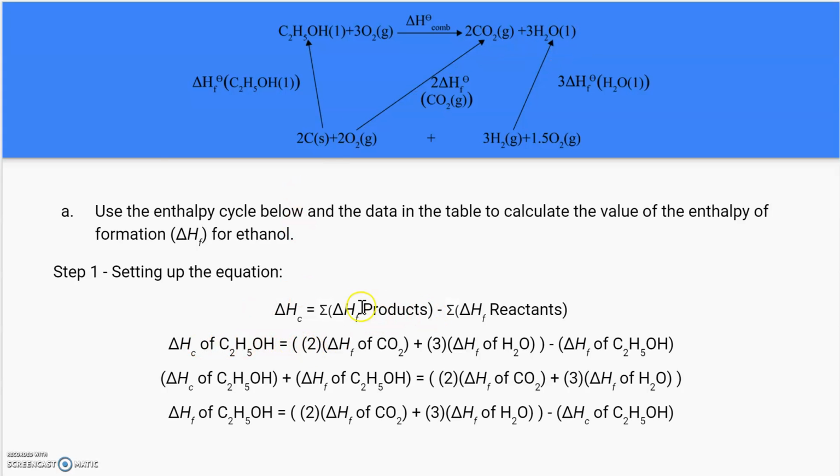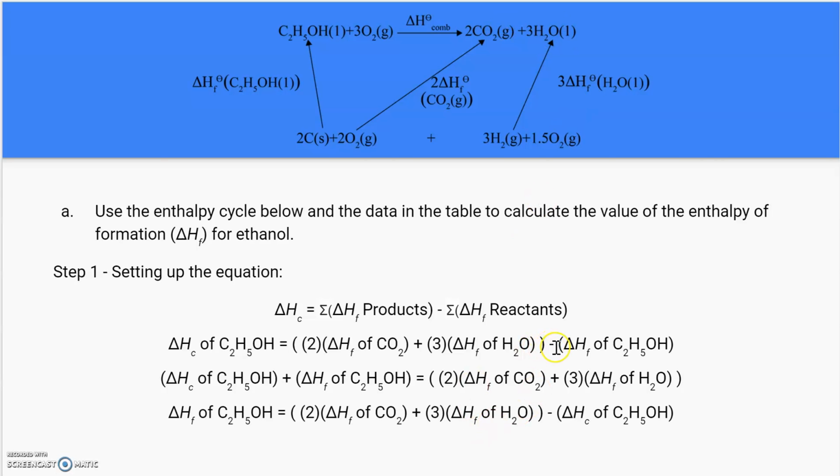So we will have in this section 2 times, as there is a coefficient of 2, the enthalpy of formation of carbon dioxide, as is stated in this part of the cycle, plus 3 times, as there is a coefficient of 3, the enthalpy of formation of water, as it is stated in this part of the cycle. And that will give us the sum of the enthalpies of formation of the products themselves.